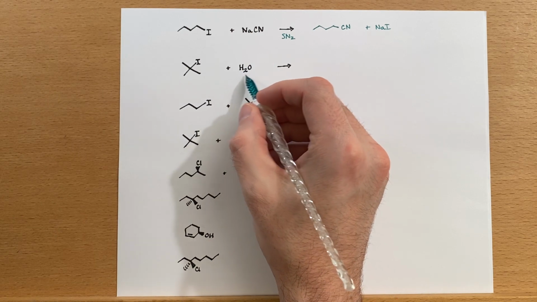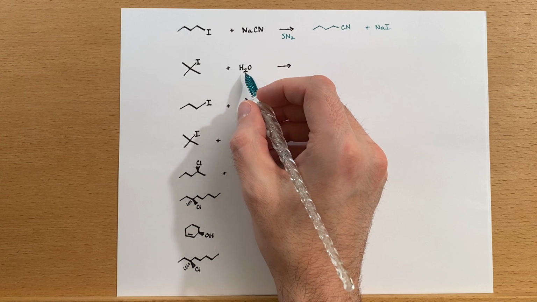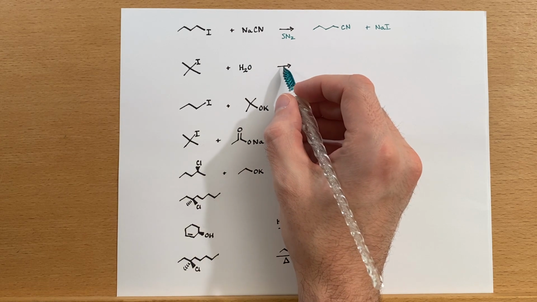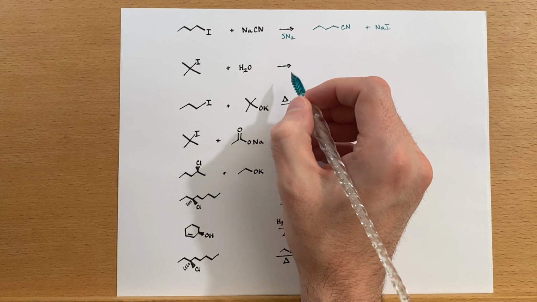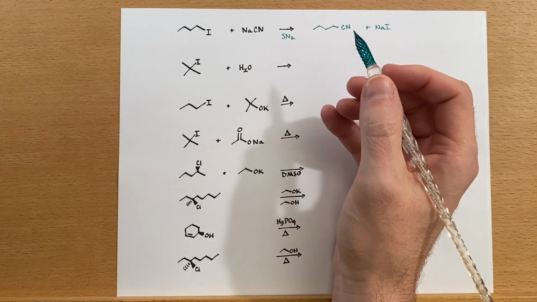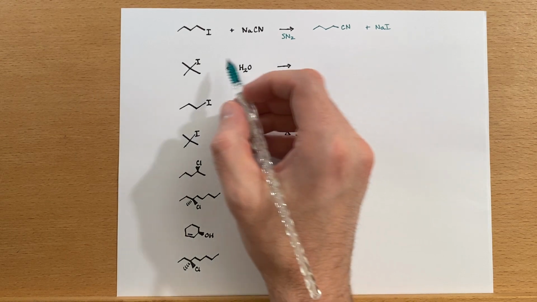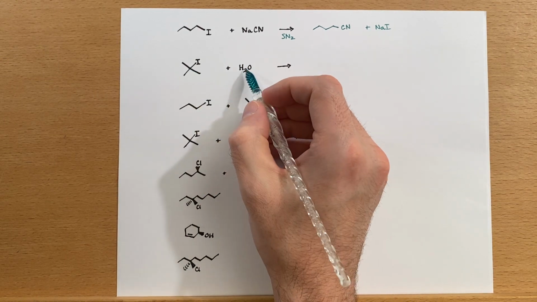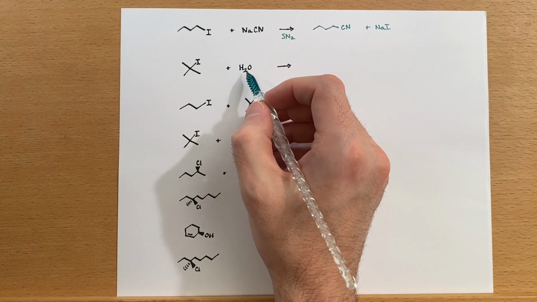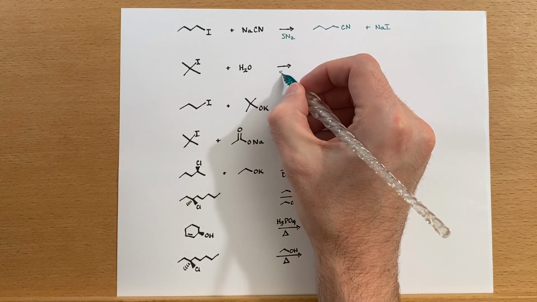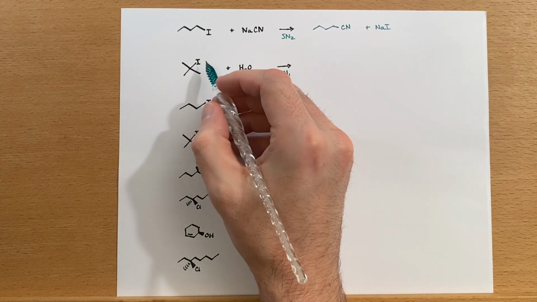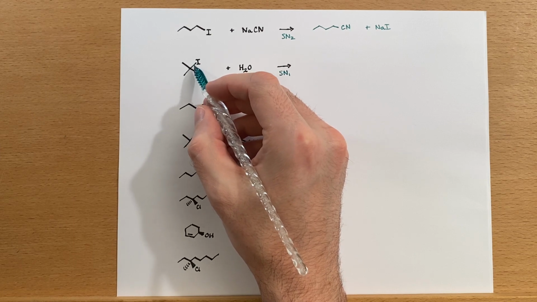Well, this isn't a particularly good base. It's a little bit better nucleophile. And we're not heating this reaction. If we were heating it, then I would say, well, that might be an elimination. But we've got a tertiary, we've got a nucleophile here. This is going to be SN1 because we've got a good leaving group.